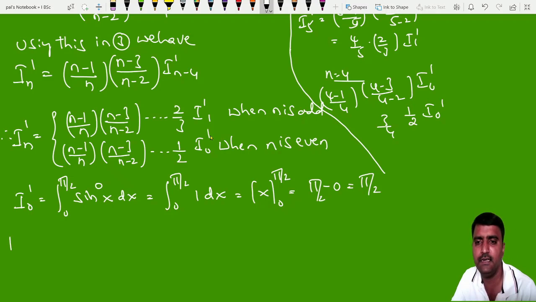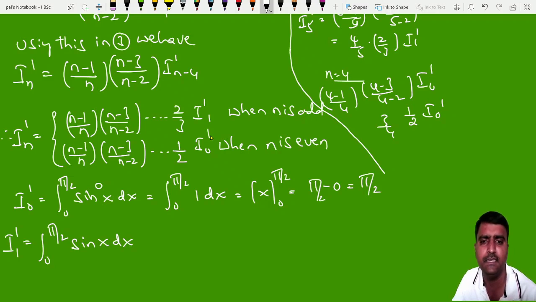Similarly, I1 dash is equal to integration from 0 to pi by 2 of sine to the power 1 x dx, which is equal to, what is the integration of sin x?